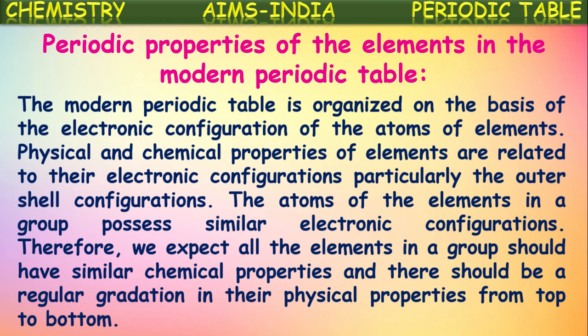But in the remaining groups, all the elements in a group possess similar valence electron configuration. Therefore, we expect all the elements in a group to have similar chemical properties and a regular gradation in their physical properties from top to bottom, either increasing or decreasing.